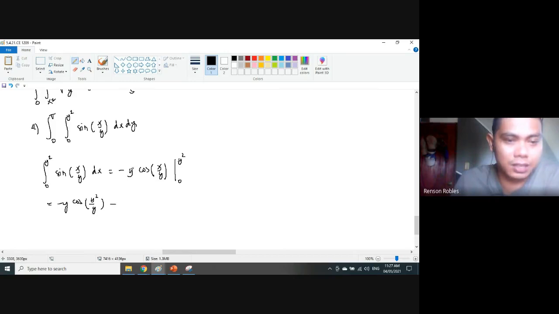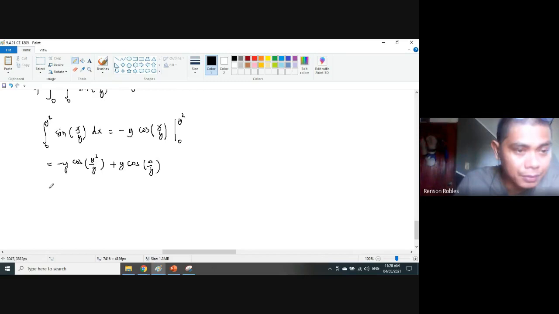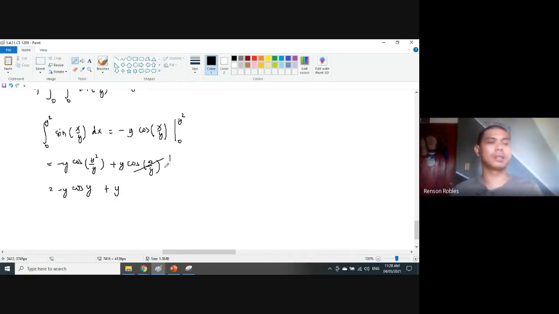Then minus, this is negative, so plus y cosine 0 over y. And cosine 0 is 1. So we have negative y cosine y squared over y is y, plus y, and this is equal to 1. Cosine 0 is 1.